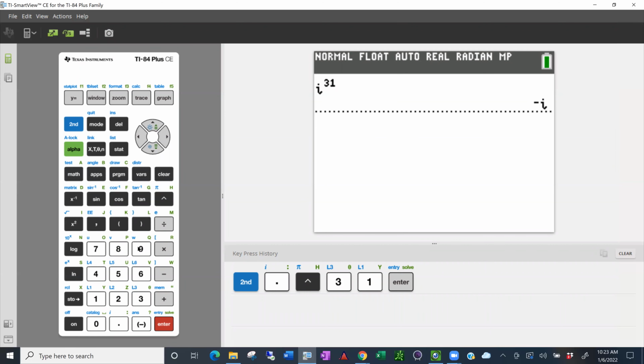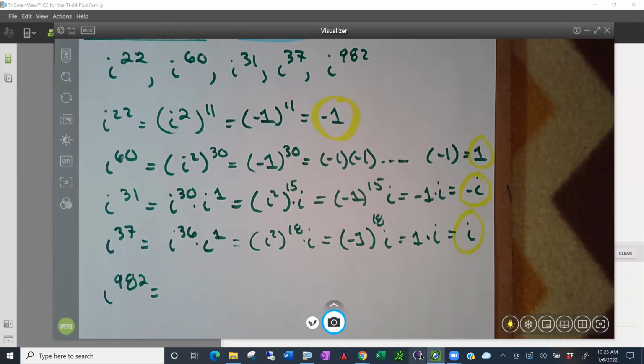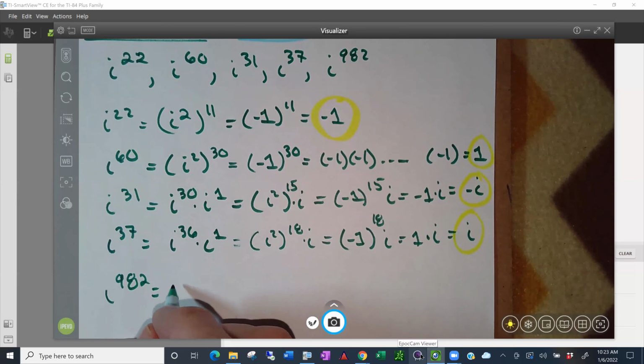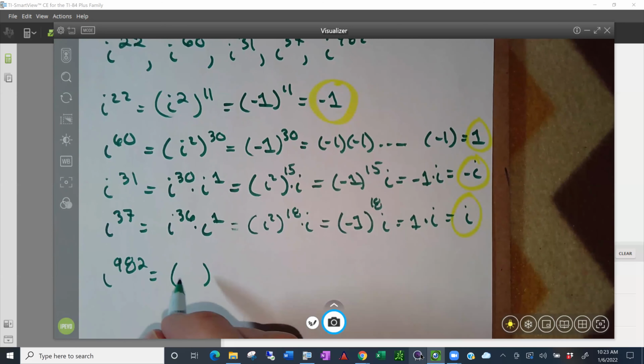You can do it on Desmos, whatever works for you. 982 divided by 2 is going to be 491. Yay. That's what we needed, the 491. So see if you can rewrite this as i squared to some power. Pause the video if you need. Try and race ahead of me.